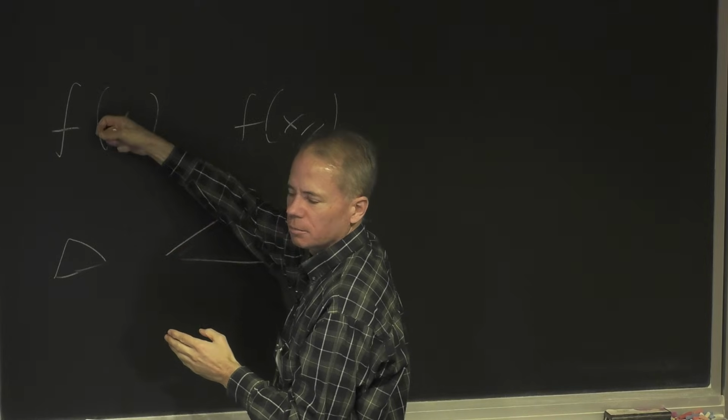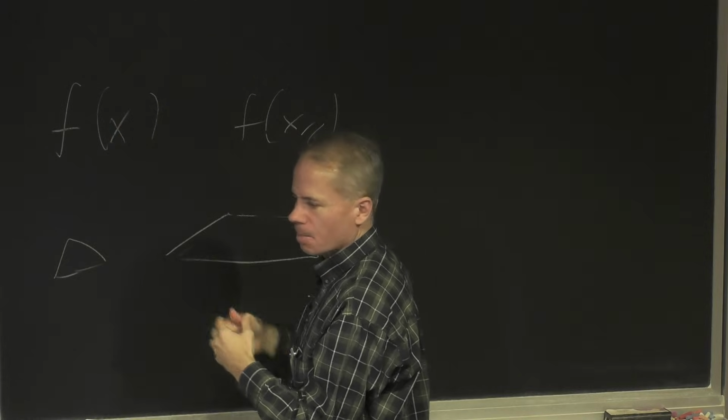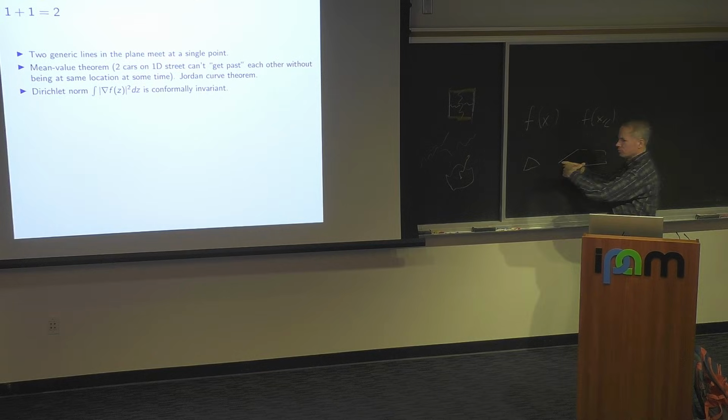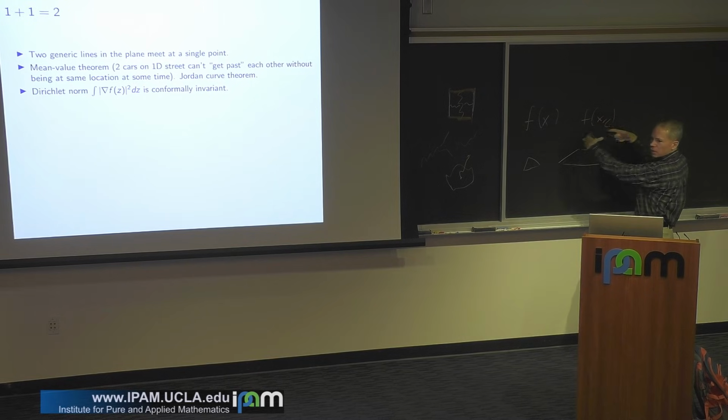So the gradient squared goes up by a factor of 1 over c squared. Okay. So this 1 + 1 = 2 is exactly what makes it so that this Dirichlet energy doesn't change when I rescale space.